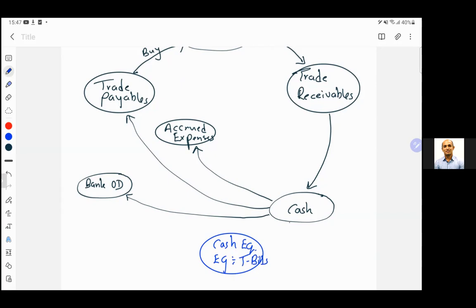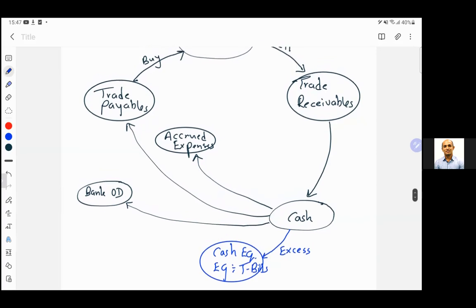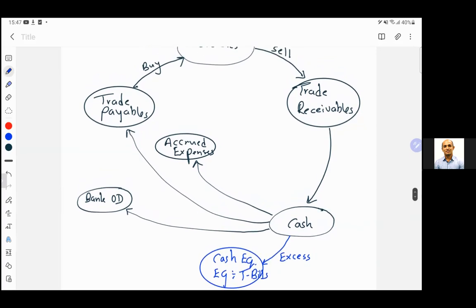So your excess cash, you invest in treasury bills. So this is how your day-to-day operations work. This continues as a cycle.